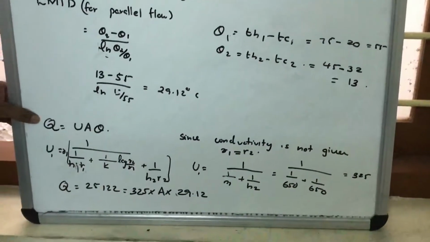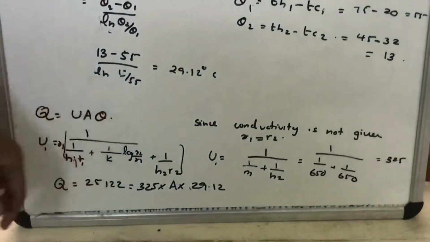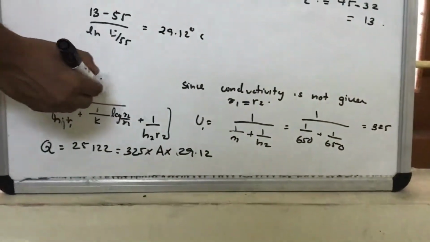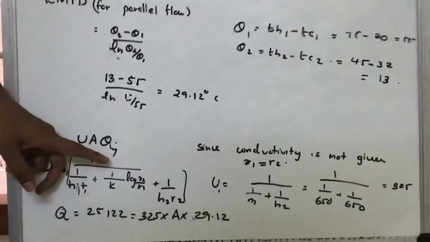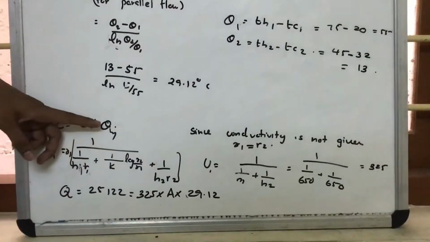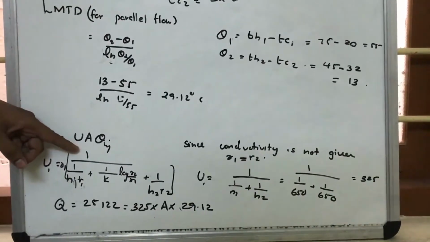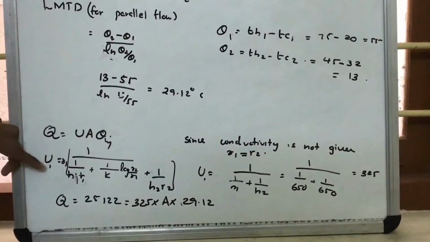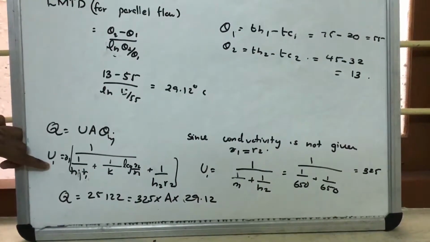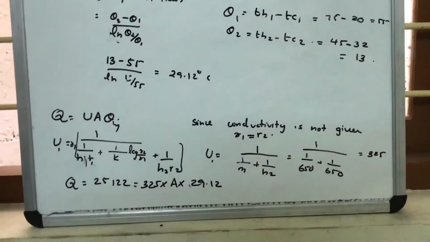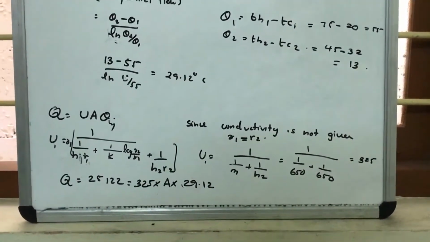Now we know Q is equal to U A theta m, where theta m is the LMTD. We are asked to find the area of the heat exchanger, that is A. So we want U, which can be found using either the inner surface as the base or the outer surface as the base.